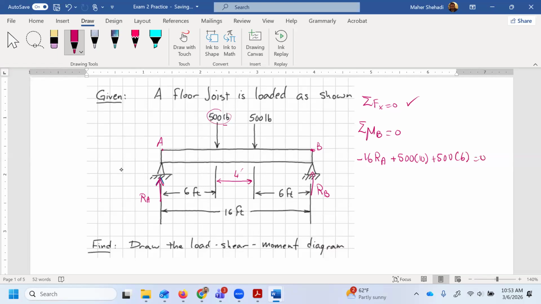And then we would solve for RA. We'll take it to the other side and then divide both sides by 16. That makes 16 RA, and if you factor out the 500, it's 500 times (10 plus 6), so times 16. Therefore, if you divide by 16, RA is equal to 500 pounds.